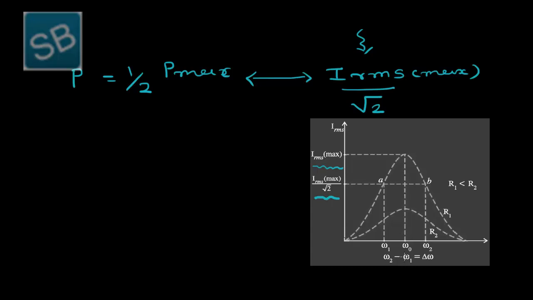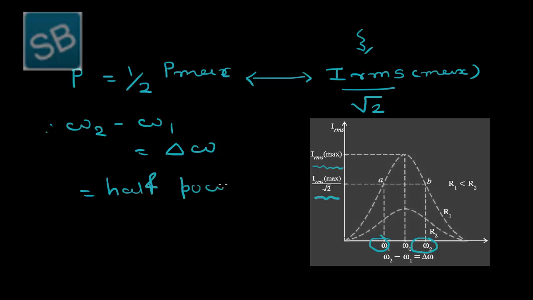Now, this omega 1 and omega 2 are vertically at the same point, and so I can say that the bandwidth of these angular frequencies is given between omega 1 and omega 2. So the difference omega 2 minus omega 1, that is delta omega, is called the half power bandwidth. See, each and every word of this particular definition is important.